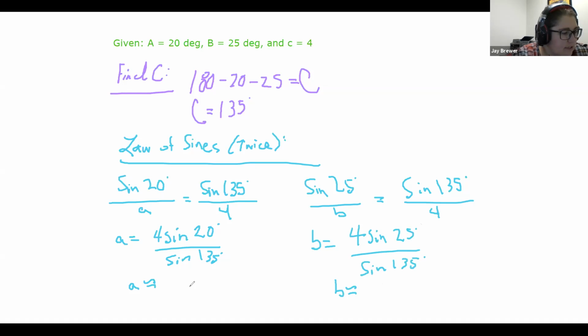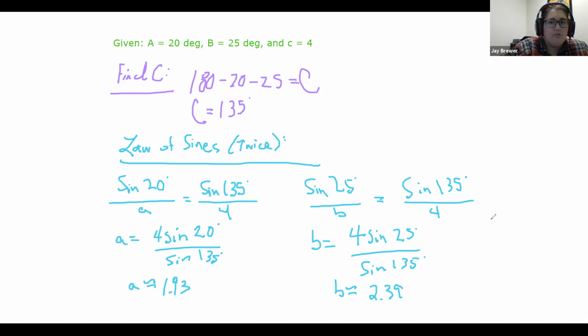So a is going to be about 1.93 and b is about 2.39.